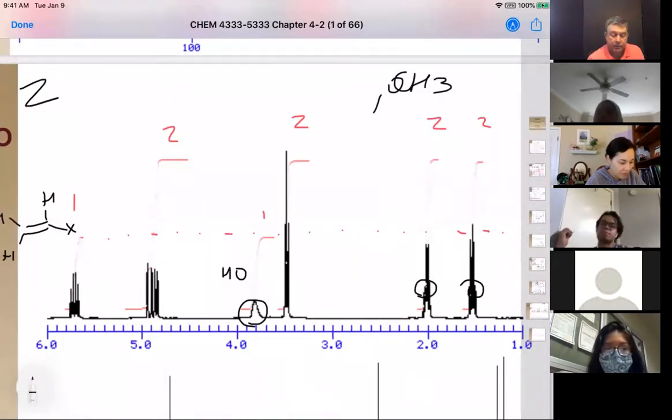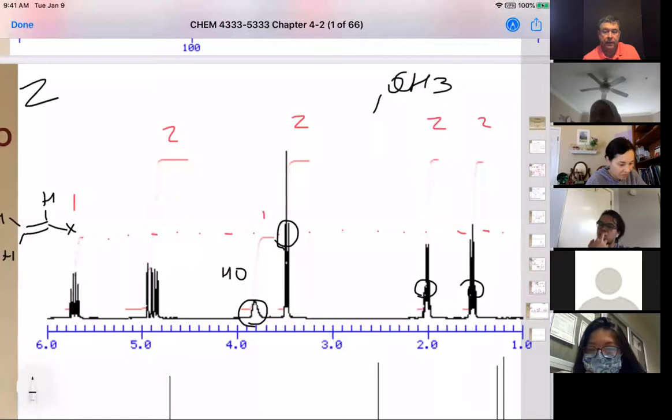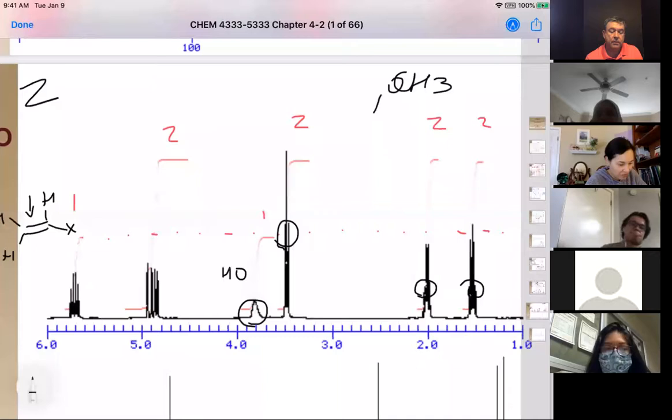This looks like it's split into a triplet, so it looks like it's near something with 2 hydrogens on it, but we don't know. So just this so far, we've used up one of our saturations here, and it looks like we don't have any 3s here, which means we might have a ring.